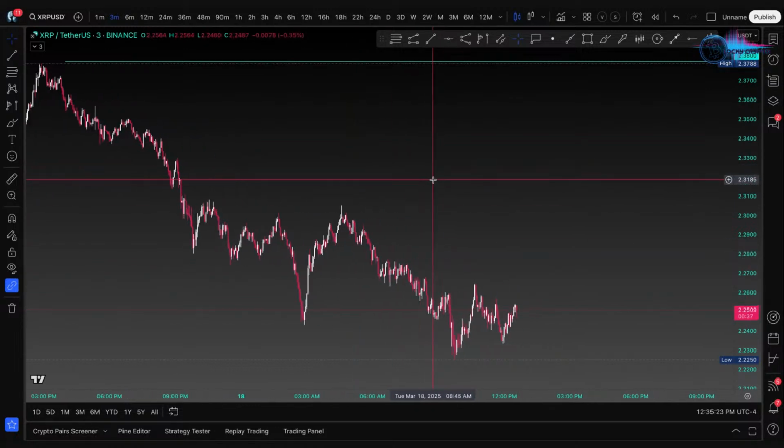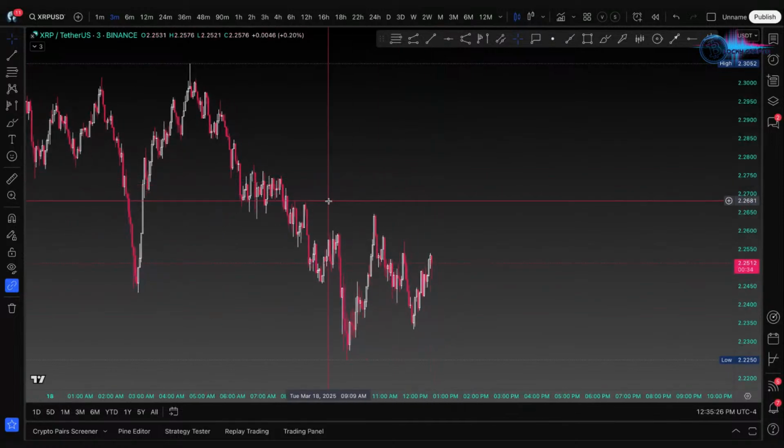So on XRP, right here, all this right here is what you call an imbalance. 9.5 times out of 10, the market's going to come back and take that.